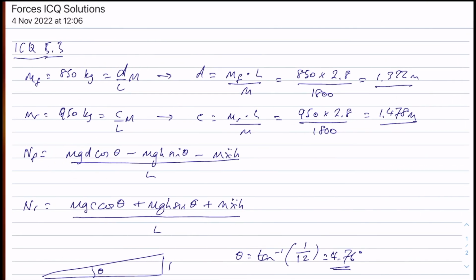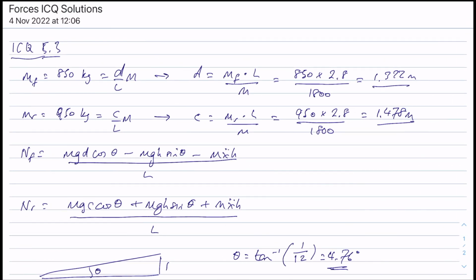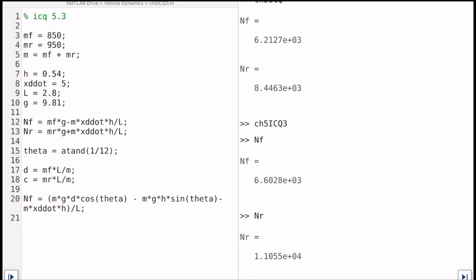Let's have a quick check. mgd cosine of theta minus mgh sine of theta minus mx double dot times h. Yep, okay, so that's fine.